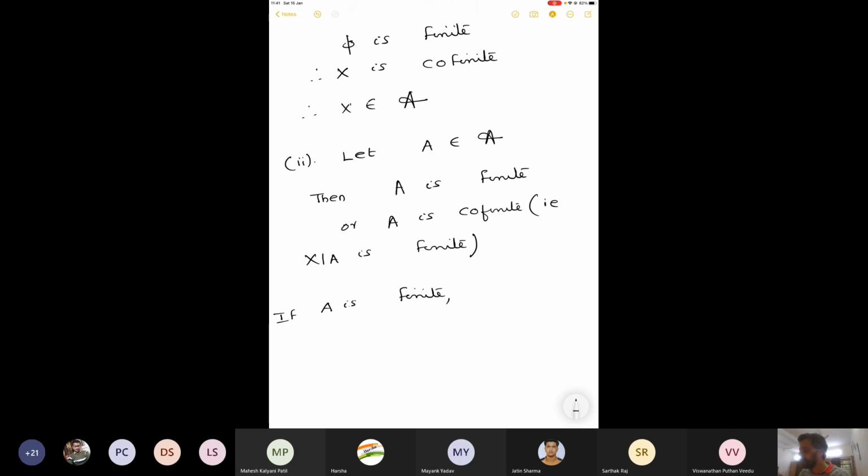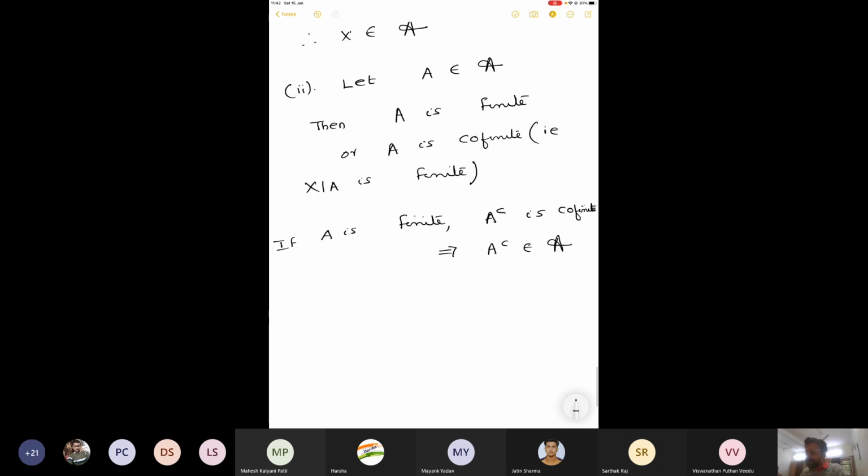If A is finite, A complement is cofinite. Something is cofinite means its complement is finite, right? So A complement is cofinite, and once A complement is cofinite, A complement will be in A.